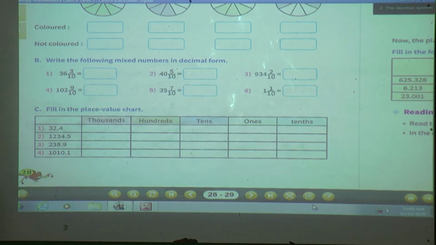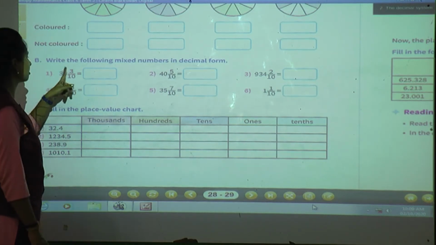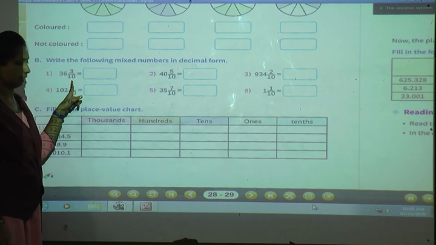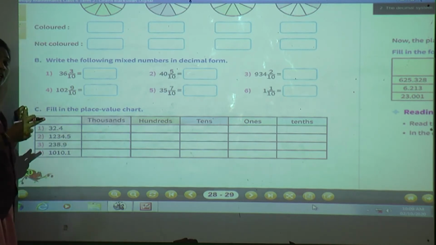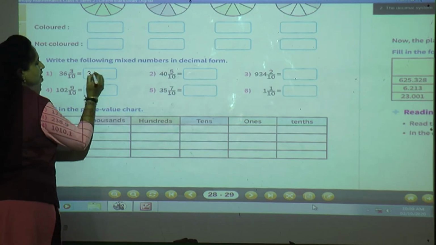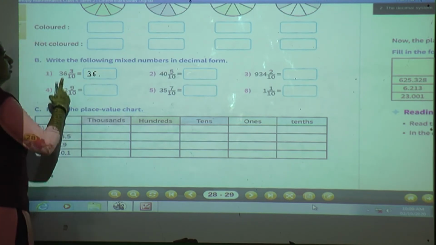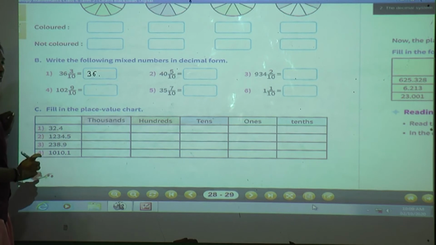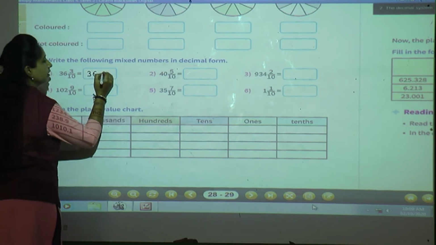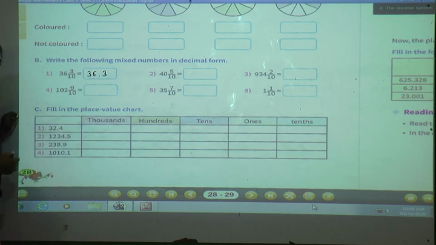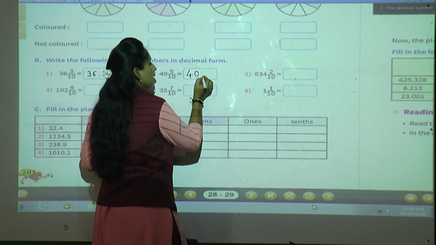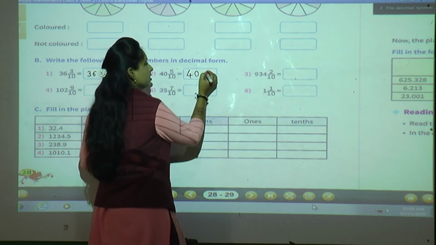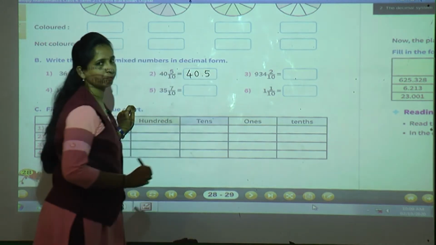Now see what we have to do. 36 3 upon 10, how did we used to write? Yes, we write the whole number as it is, and the fraction 3 upon 10 converts into 0.3. Isn't it?